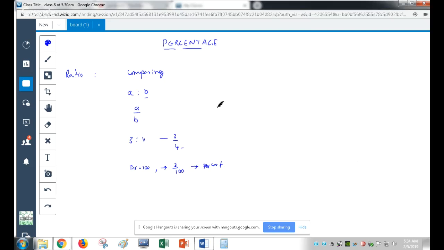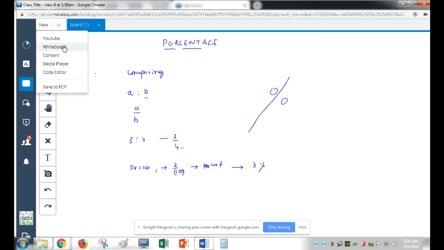Percentage is a comparison of two quantities. If you convert the denominator to 100, then you will be getting a percentage. We denote this as 3%. This is the percentage symbol. So percentage means per 100.